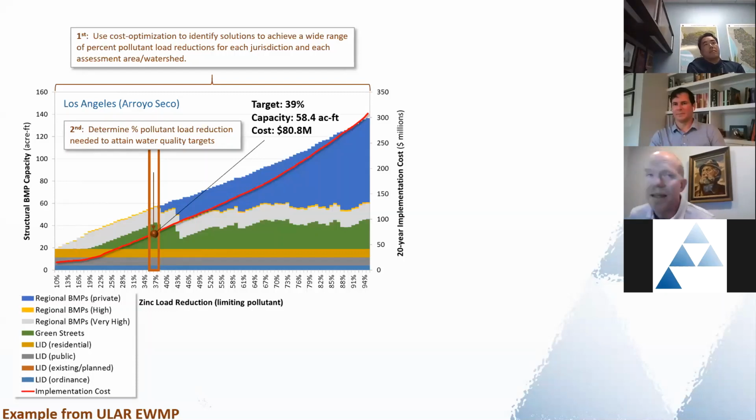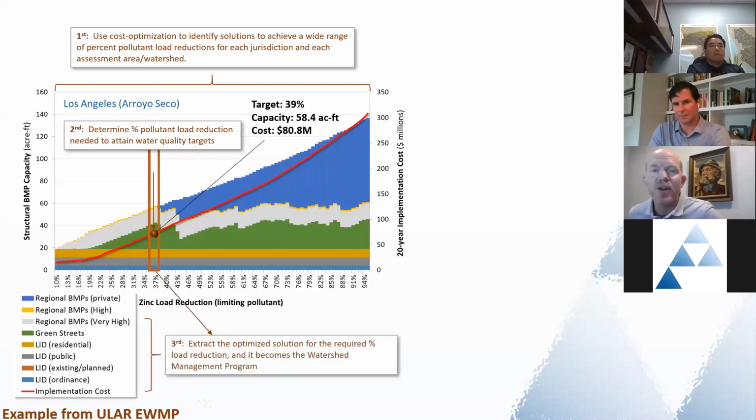Remember on these curves, the bars are the capacity of the BMPs. That's the left axis, and the right axis is the cost, the red line. From this example from Arroyo Seco, the target reduction was a 39% reduction, and the solution to get there was available from Sustain.